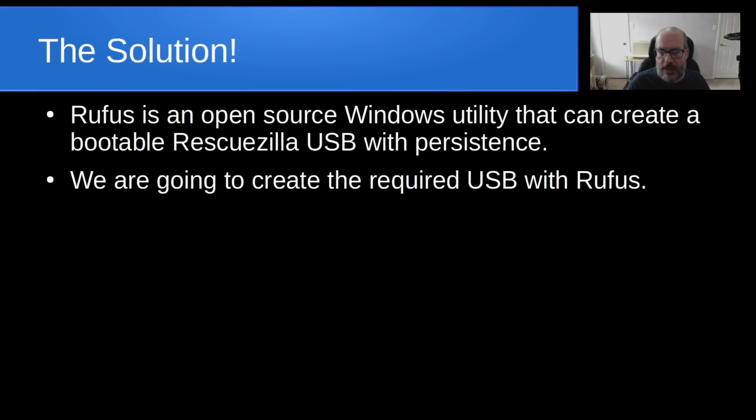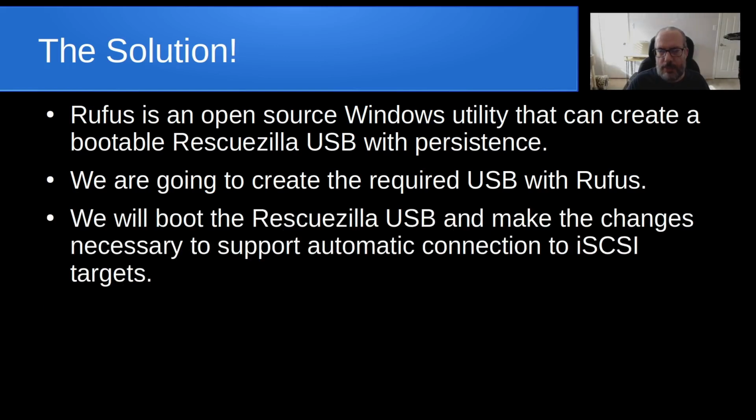We're going to create the required Rescuezilla bootable USB with Rufus, and that USB is going to have persistence. And so we're going to boot the Rescuezilla USB, and then we're going to make the changes on it in order to support automatic configuration to iSCSI targets on your network. And we'll use my iSCSI targets as a use case.